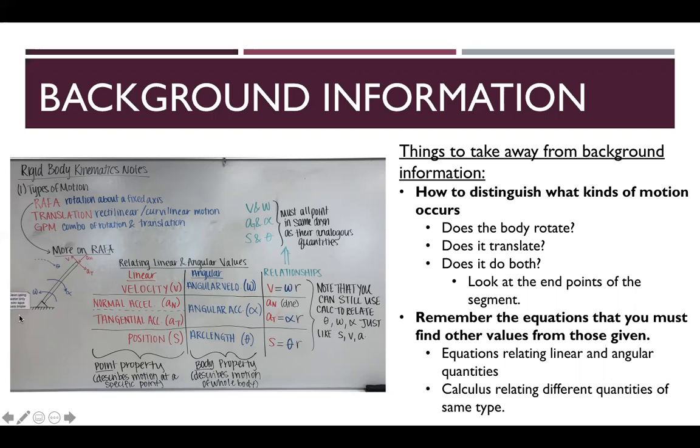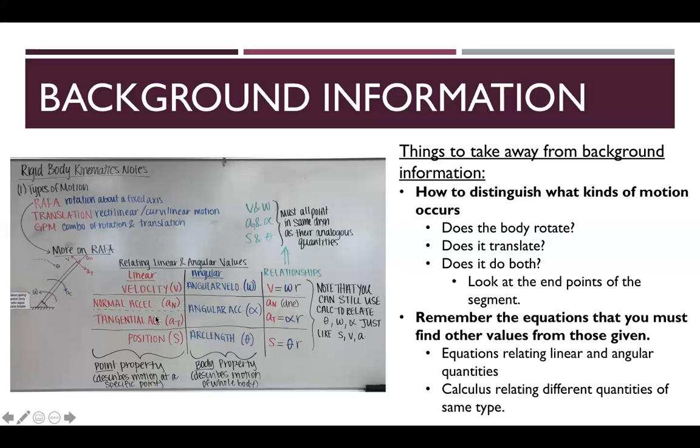So for a rapha stick, you have the linear components of the velocity and acceleration at the end of that rapha stick, but along the entire length of it, you have the angular components. Because they rotate, you can measure it in terms of the angular quantities, and those quantities are related to each other. The velocity and the angular velocity are related by v equals omega r.